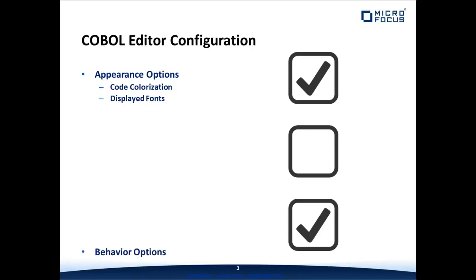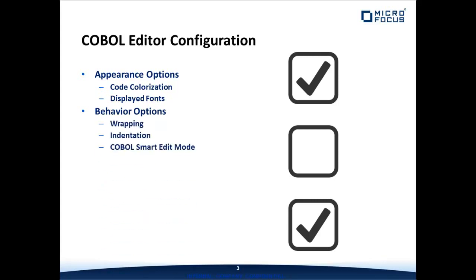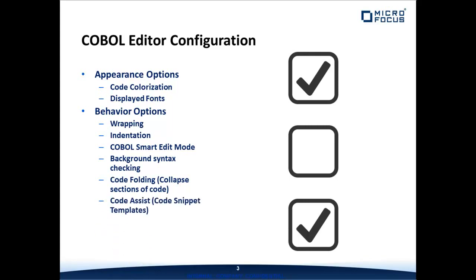Others are behavioral related options, including those controlling features such as code wrapping, indentation, COBOL Smart Edit Mode, background syntax checking, code folding, and code assist. Finally, under miscellaneous options, we'll take a look at how to configure the editor for non-standard file extensions your organization may use for COBOL source code.